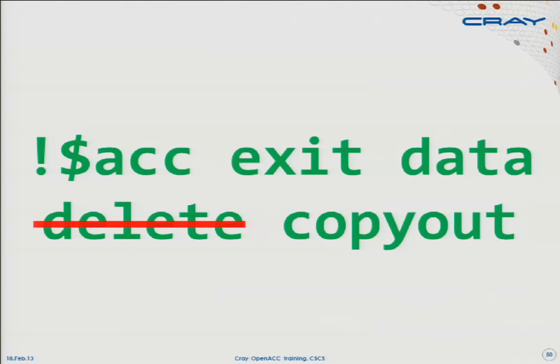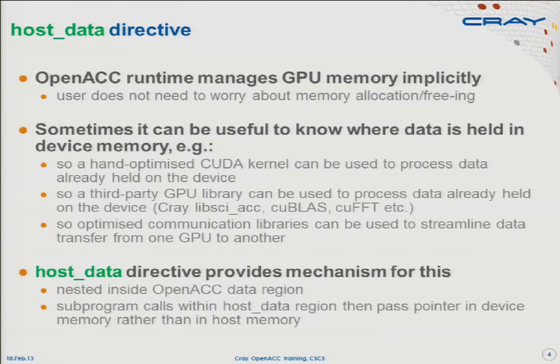Thank you. So, acc data: within there, you would like to process this data on the GPU in some way. So within this data region, you want to say, I'm calling something, a library call, a call to your own CUDA kernel, a call to MPI.